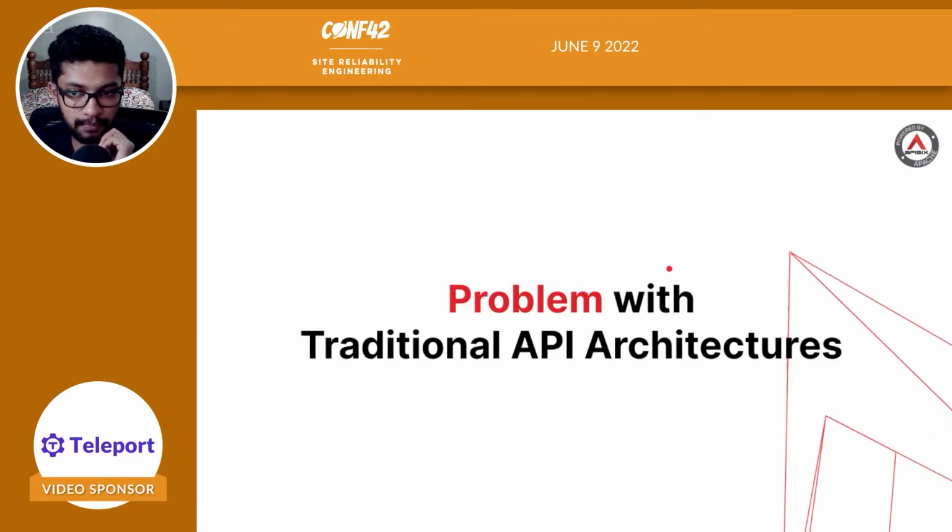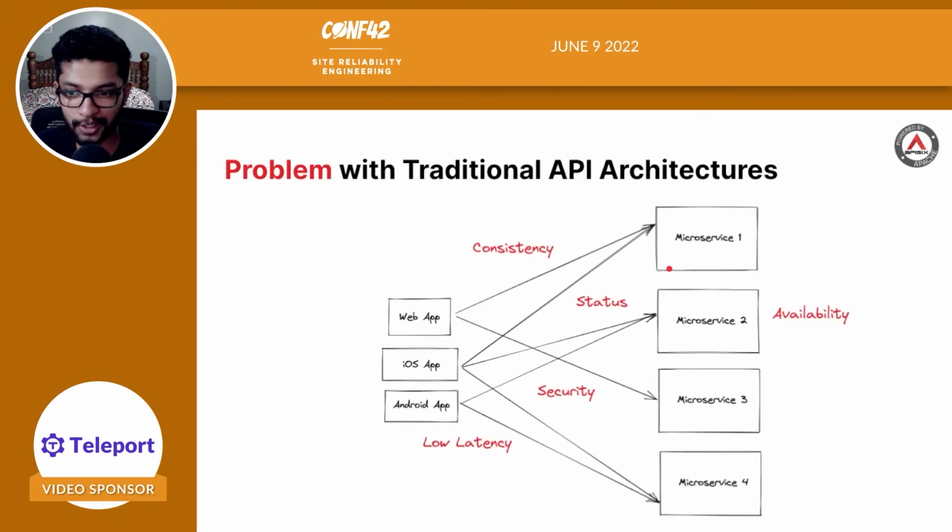So let's look into some of the problems you face with traditional API architectures that will be of your concern as a site reliability engineer. We talked about all the different pillars, or different aspects, of reliability. If you want to improve the reliability of your services, you have to do something about it.